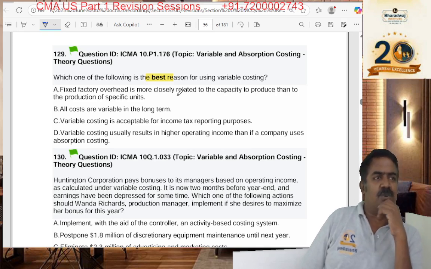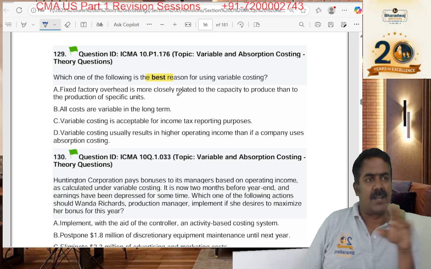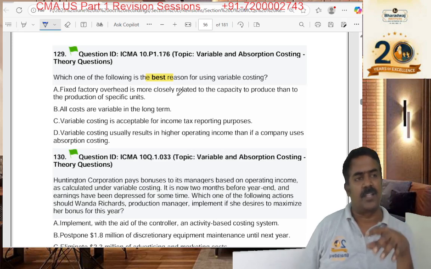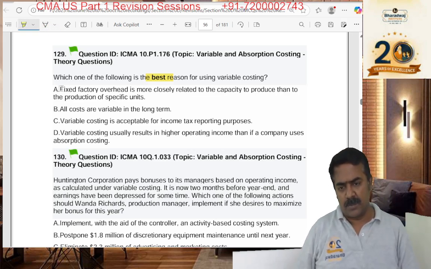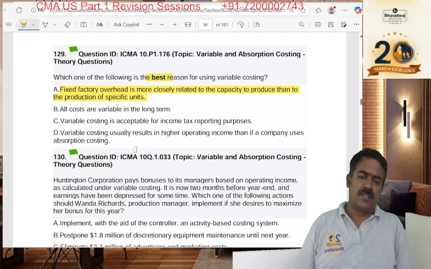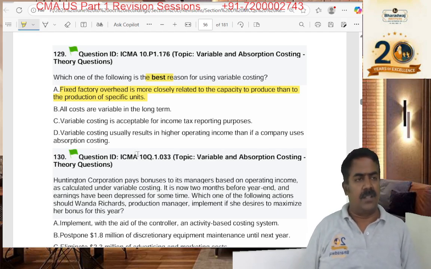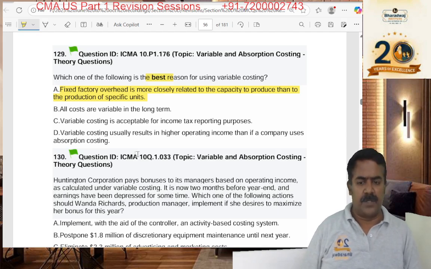So which cost is more relevant? Variable cost is more relevant. Fixed cost is based on your capacity, not based on actual units produced. So this is the best answer. Fixed costs are more closely related to capacity to produce rather than the actual number of units produced.